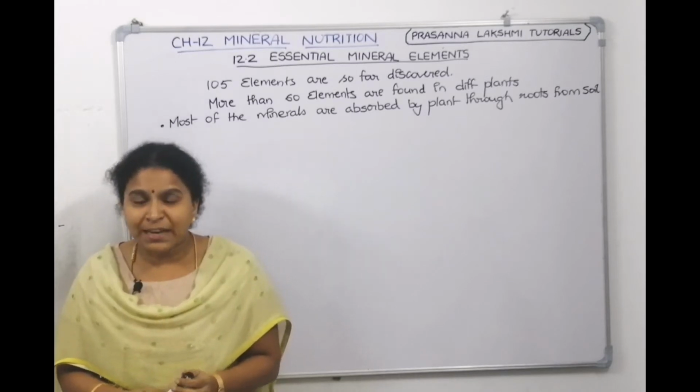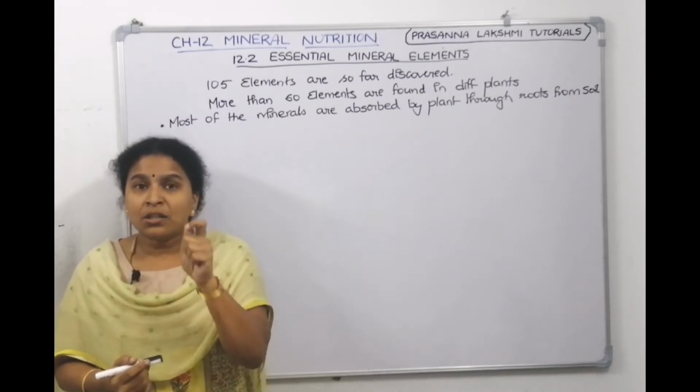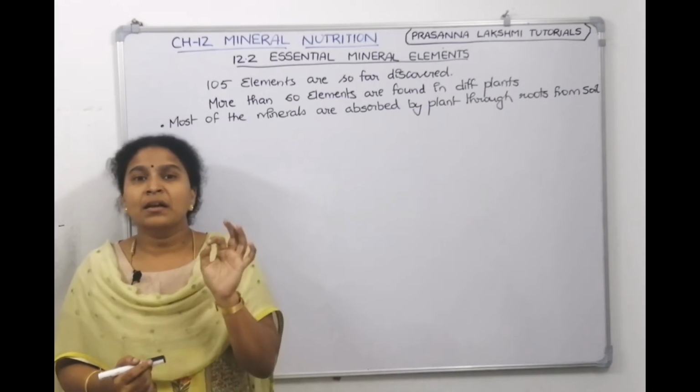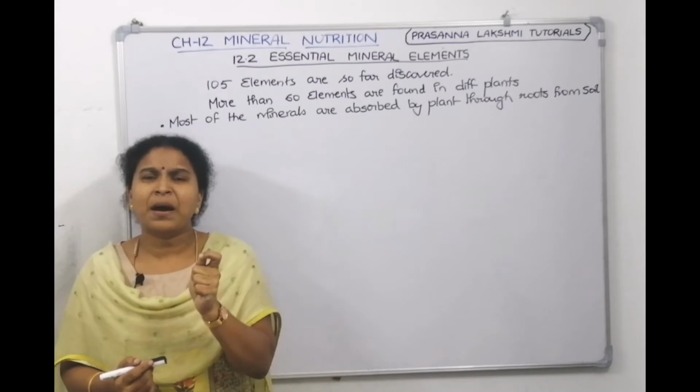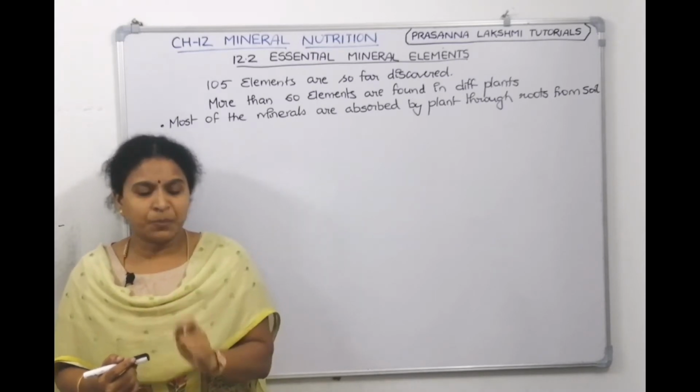We have techniques which can determine the concentration of a mineral in a plant, even if the concentration of the mineral is very low, 10 power minus 8 grams per liter.